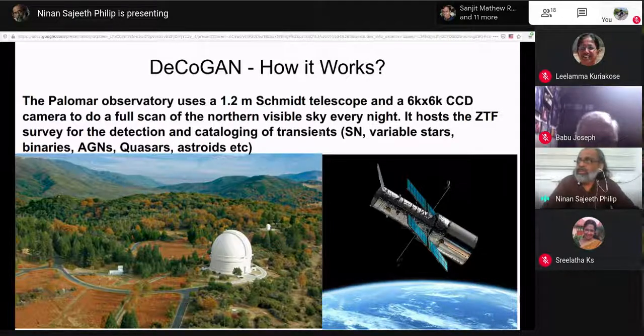The major objective of this survey is to find transients or variable stars, and that is called the ZTF survey. The ZTF is housed in this Palomar Observatory, and it looks for variables like supernovae, variable stars, binaries, AGNs, quasars, asteroids, etc.